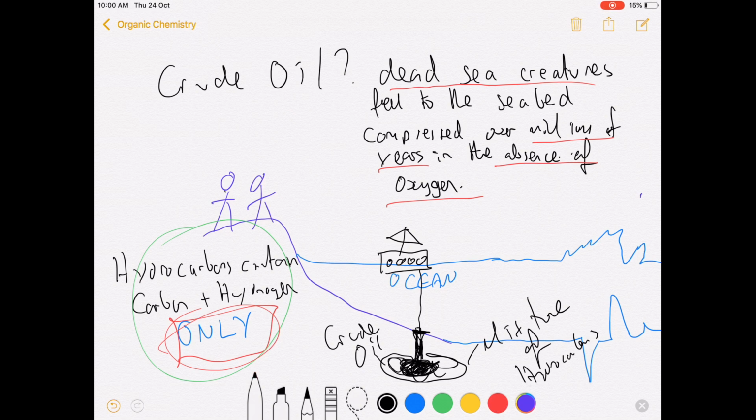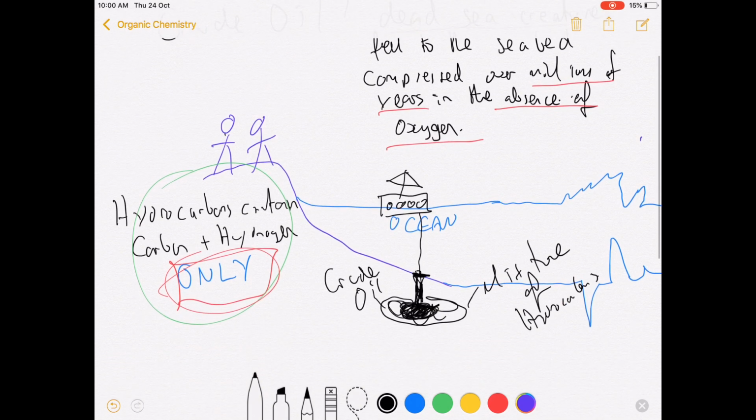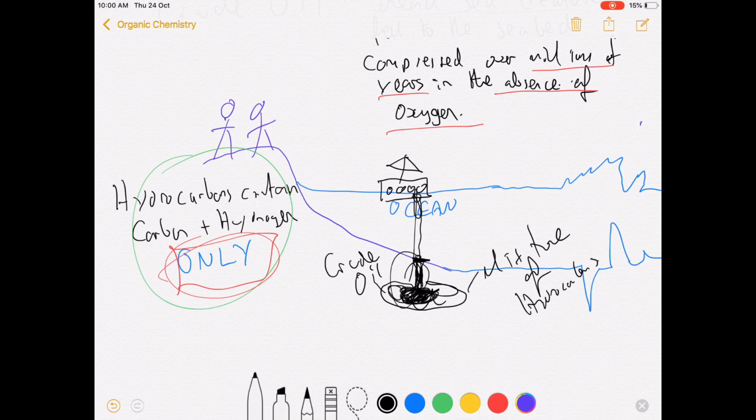Okay, so our ship has come along. We dug up our crude oil here. The crude oil is now on the ship, and the ship sails back to shore to a processing plant or a chemical factory. Okay, so dead sea creatures, millions of years, absence of oxygen, crude oil pumped up, assuming the ship doesn't encounter a storm or a rock or a collision and kills more sea creatures.